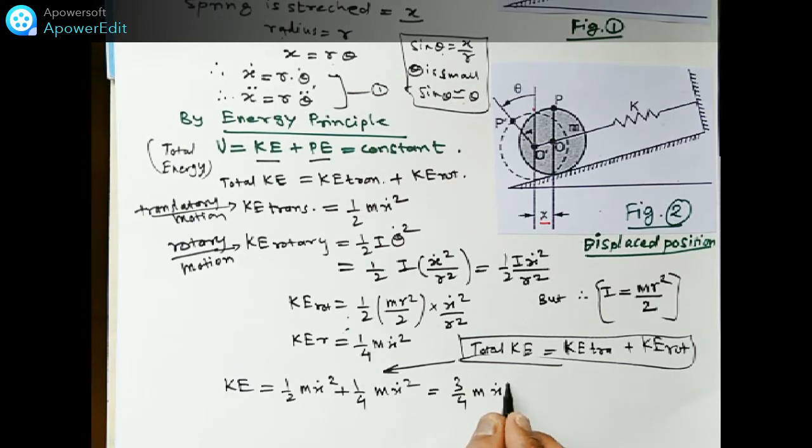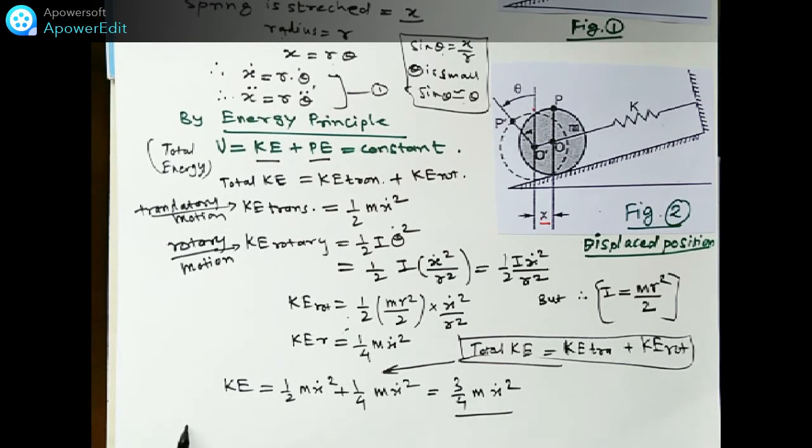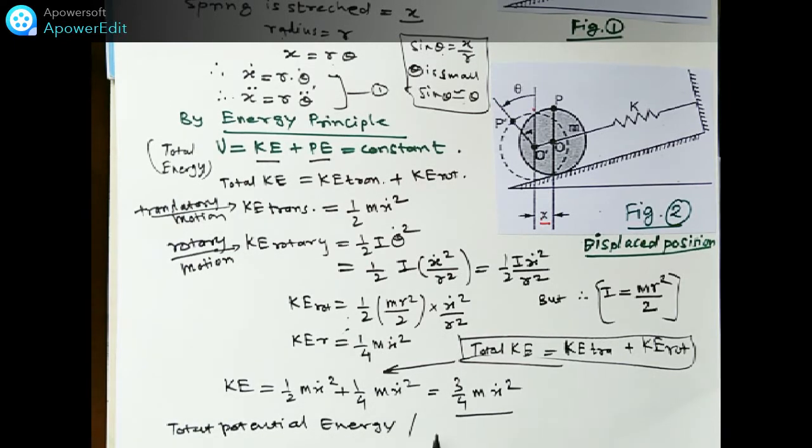This is the total KE. Now we have to find the total potential energy, or we can say the strain energy.